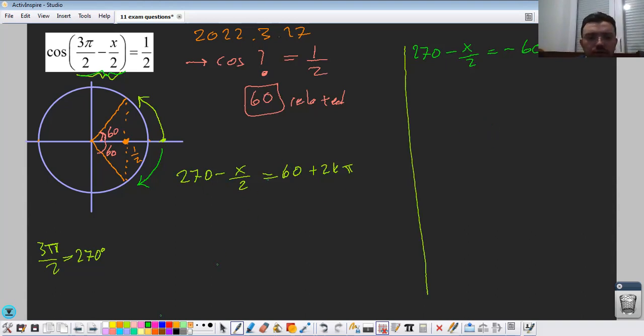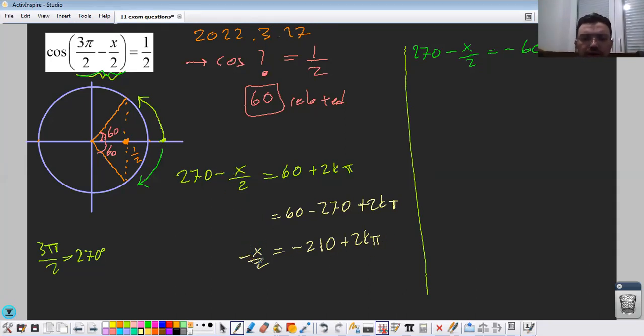Then let's solve the cases one by one. 270 goes to the other side, it becomes minus 270: 60 minus 270 plus 2kπ. 60 minus 270, what does it do? Minus 210 plus 2kπ. And in here we have minus x/2 remaining.